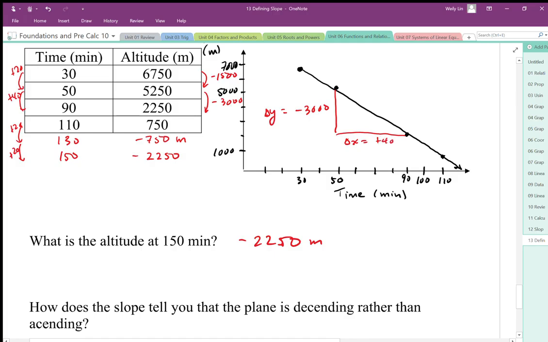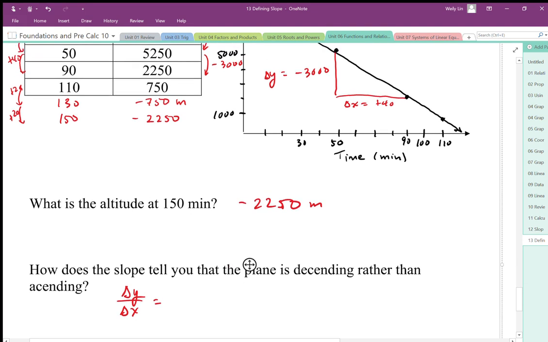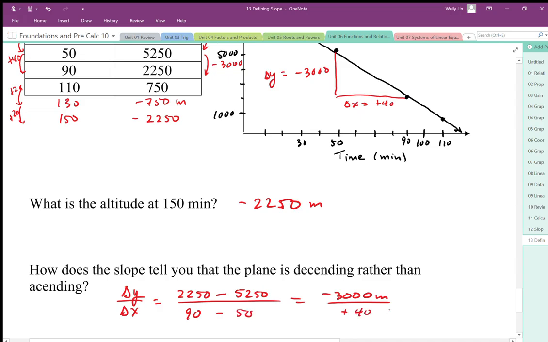So when I calculate the slope, the change in y over the change in x, the end position was 2,250 minus 5,250. My change in y is negative 3,000 meters. The change in x is 90 minutes minus 50 minutes, which is positive 40 minutes.